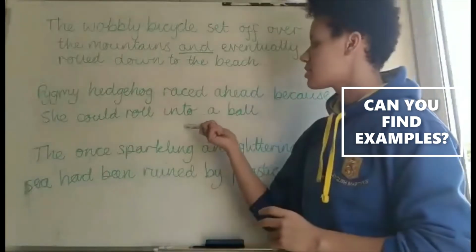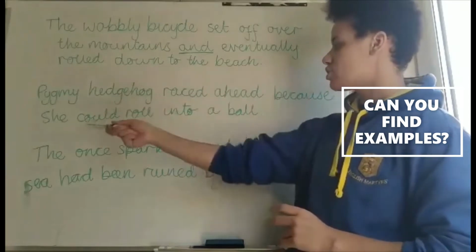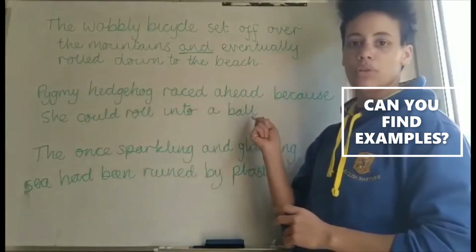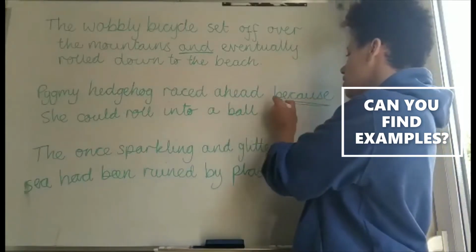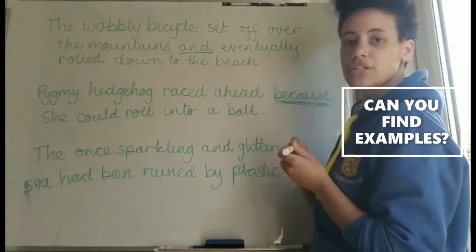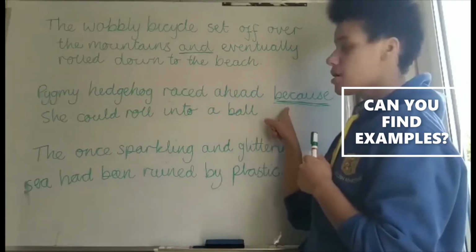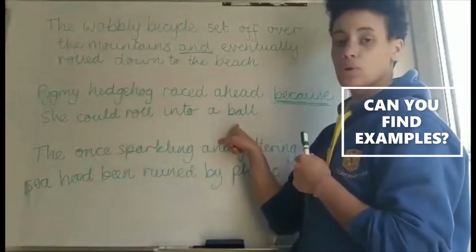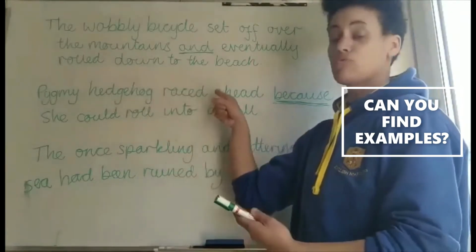What about in this example? Pygmy Hedgehog raced ahead because she could roll into a ball. Now, obviously, we've got our conjunction here, which is a subordinating conjunction. So this clause, because she could roll into a ball, that's giving a bit more detail as to why Pygmy Hedgehog raced ahead.